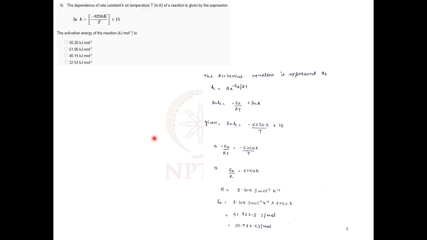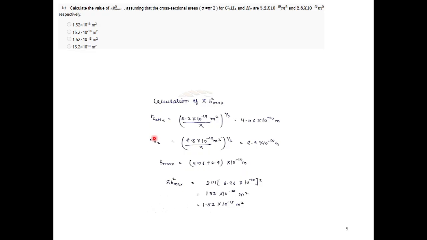Here you need to find the value of this activation energy, 51.962. Now go to here, you need to calculate pi b square max.